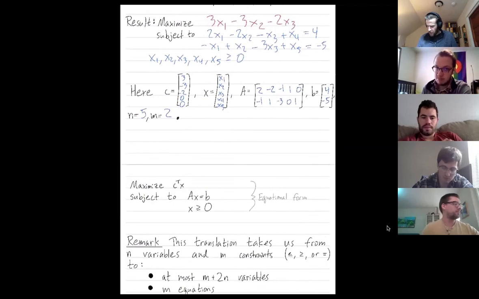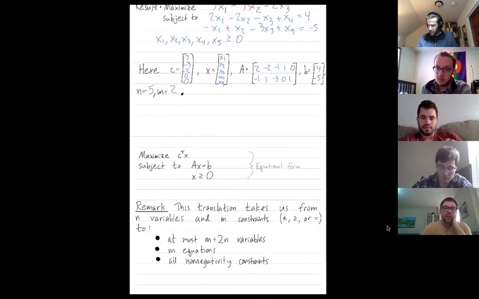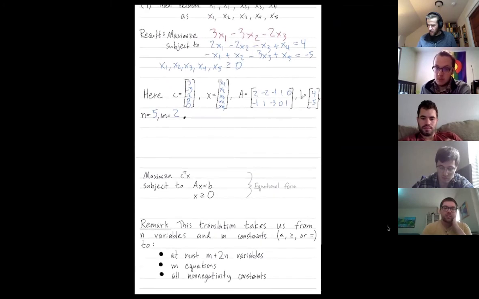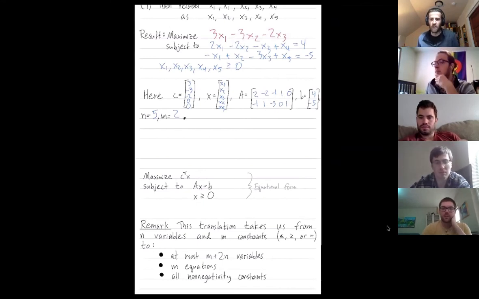You might be worried that when you put your linear program into equational form, maybe you get an exponential number of constraints or an exponential number of variables in terms of what you started with. And that'd be a problem because that would take fast algorithms into exponential ones. But you don't.